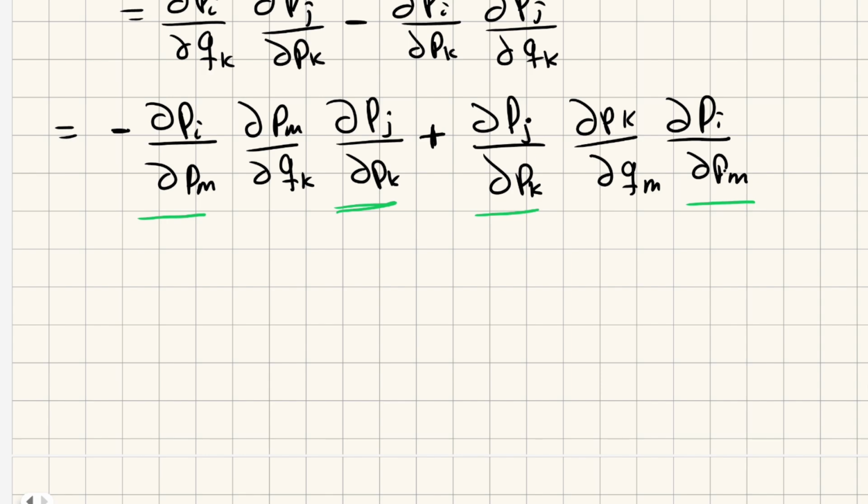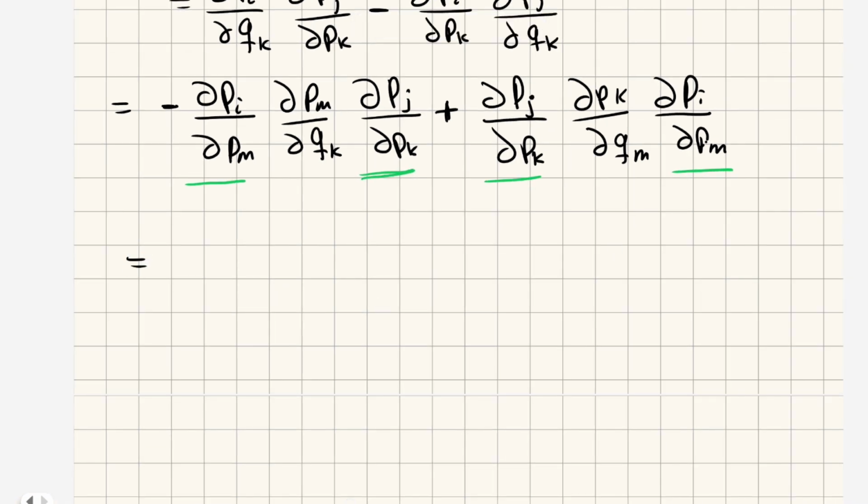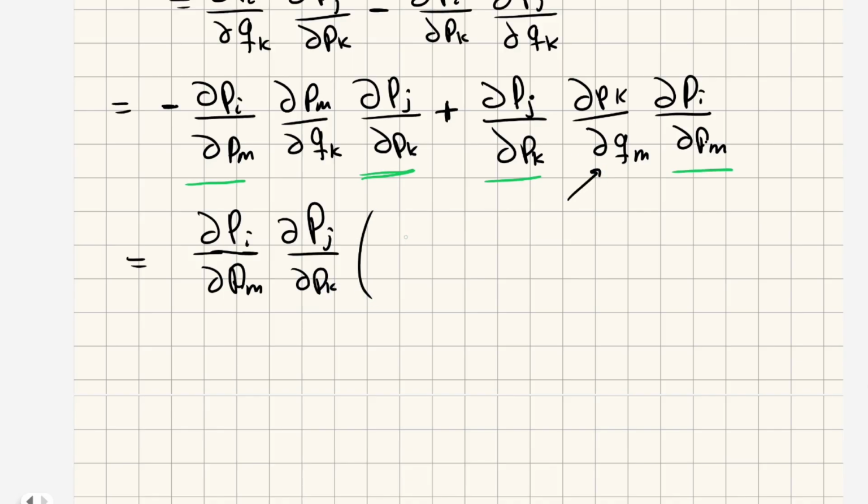So we are going to take that as a common factor to get that the derivative of Pi with respect to pm times the derivative of Pj with respect to pk is going to multiply this thing, the derivative of little pk with respect to qm, minus the derivative of little pm with respect to qk.